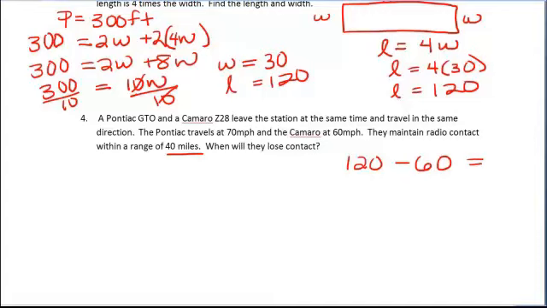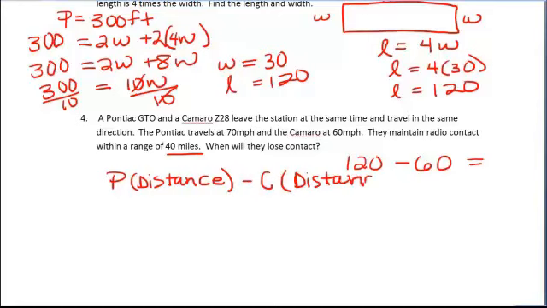So the distance for the Pontiac, I'm just going to put P distance minus Camaro distance equals 40.